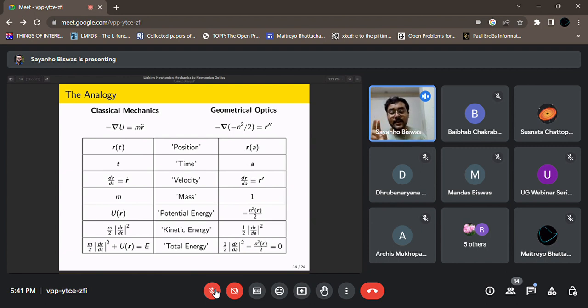Try to keep in mind that this energy has nothing to do with the energy of the light. No, it is a quote unquote energy, that means an analogical energy. It has nothing to do with the energy of the electromagnetic wave in the medium. Neither does the velocity have anything to do with the velocity of the light ray in a medium. Try to keep this in mind.